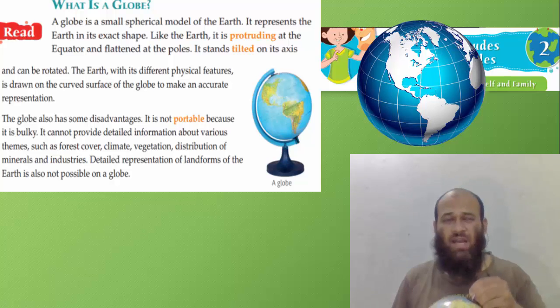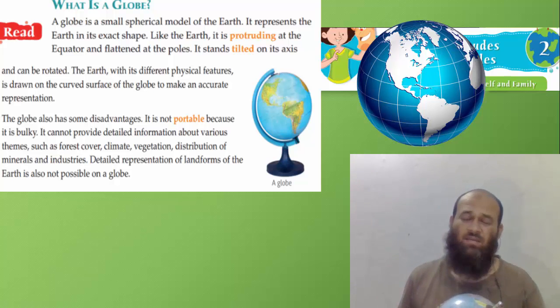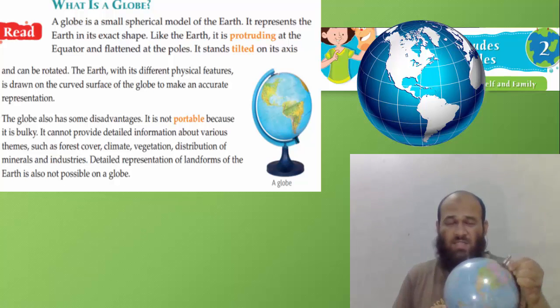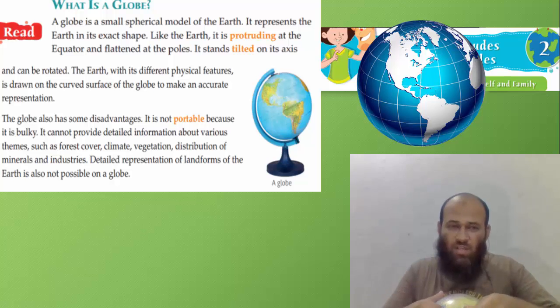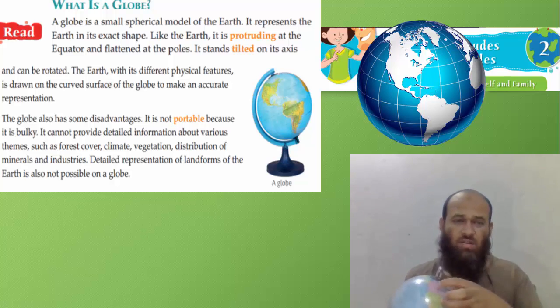It cannot provide us detailed information about various themes, such as how much Earth is covered with forest. What is the climate over here? What kind of vegetation is grown here? Distribution of minerals and industries, like I told you.